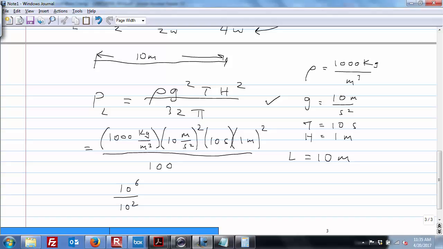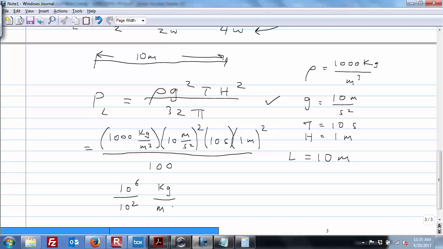And now let's check out our dimensions. So I still have kilograms. I've got meters, meters squared, meters to the 4th power, and I've got per meter. And then I've got seconds to the minus 4th times seconds to the 1st.